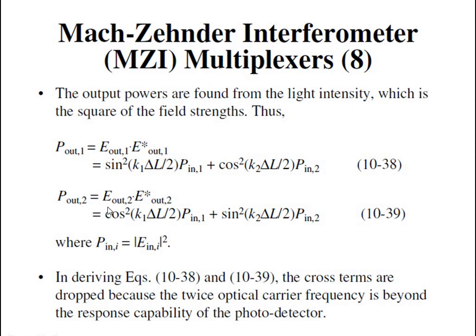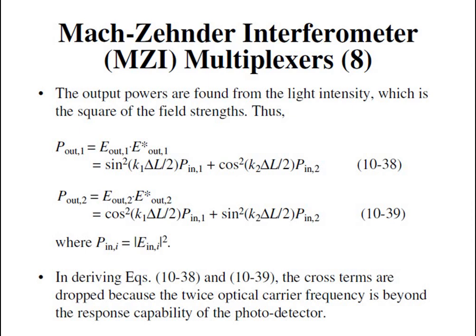Similarly, the power at output 2 we get this equation 10.39. Here we have substituted the input power, which we get by the square of the input field strength. In deriving equations 10.38 and 10.39, you can notice that we have dropped the cross terms, right?